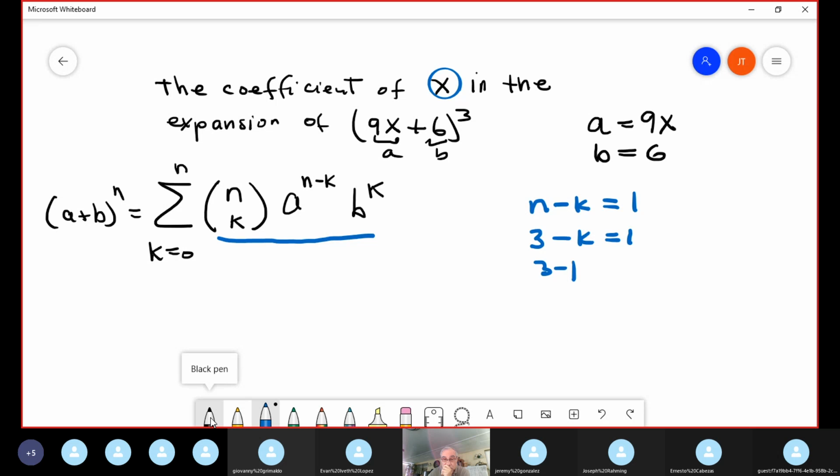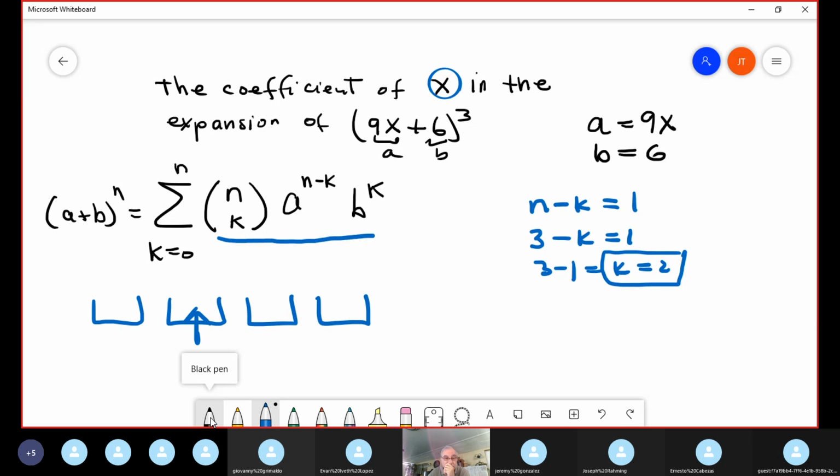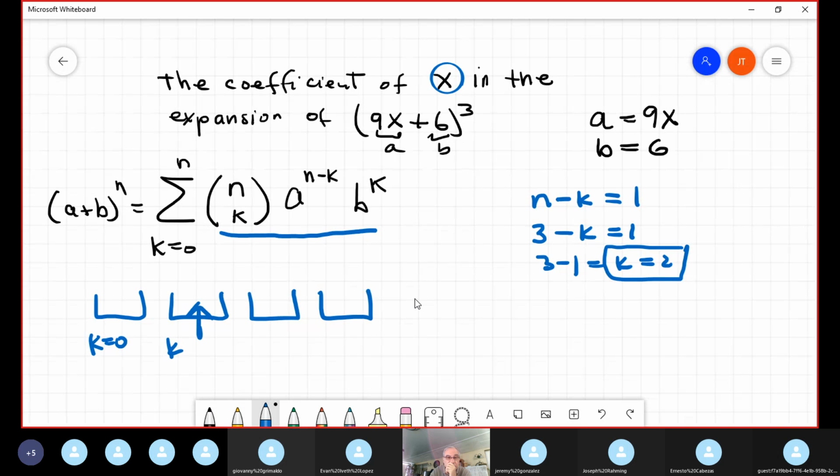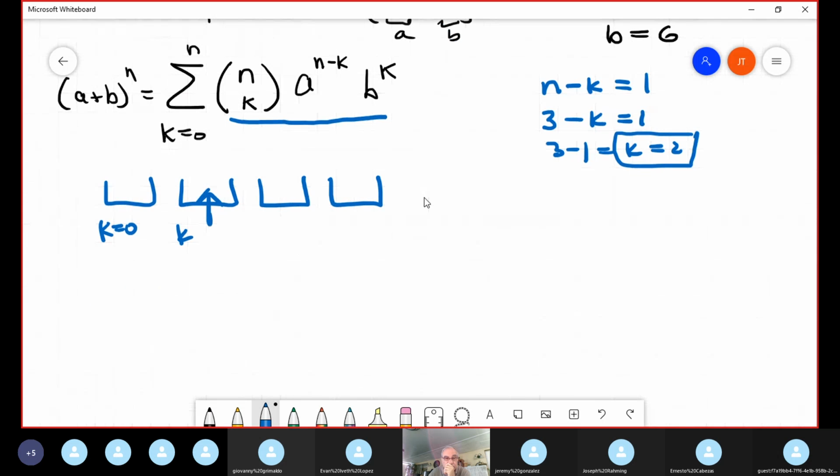Okay, 3 minus 1 is equal to k, which is 2. So basically, in the expansion we have 1, 2, 3, and 4, and this is the term that I need to find. No, sorry, this is k0. Let me see, this is k1, sorry. This is k2, and this is k3.